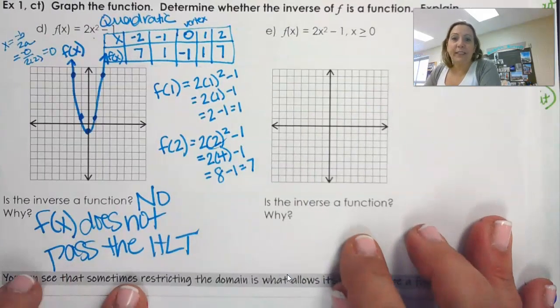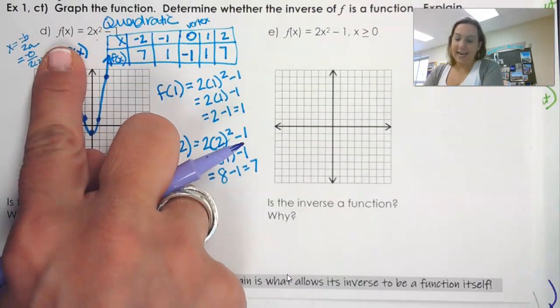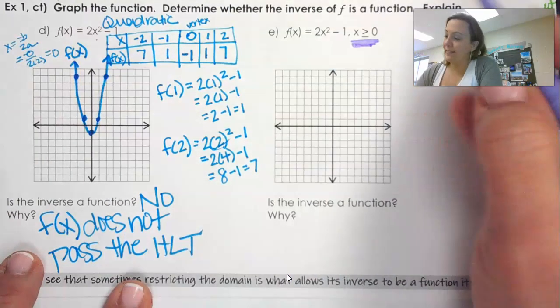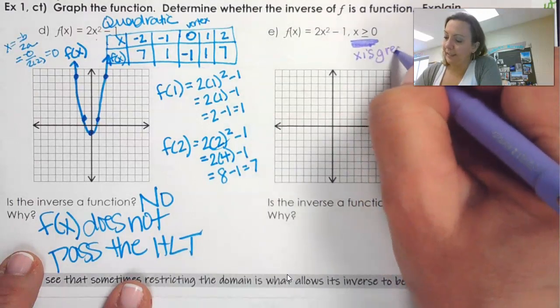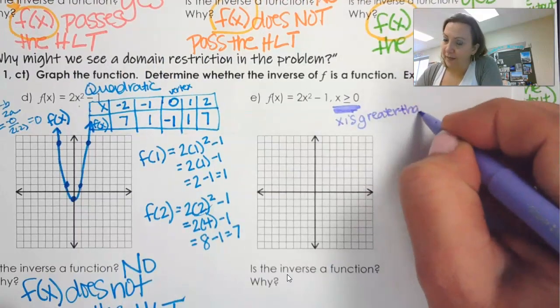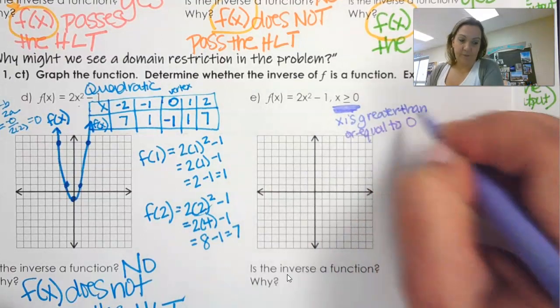Well, I want to look at letter E. Letter E is really similar to letter D, except it has this extra piece in it. And what this is saying is that x, because I know we're pretty weak with inequalities, is greater than or equal to 0.